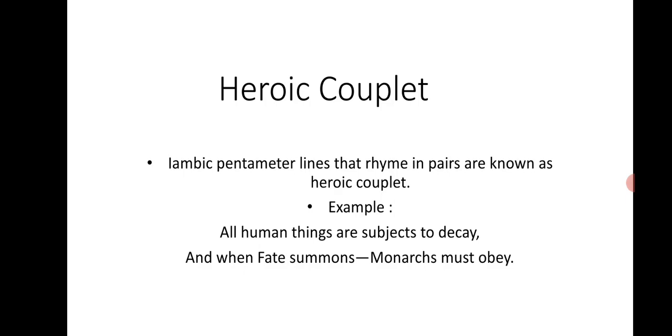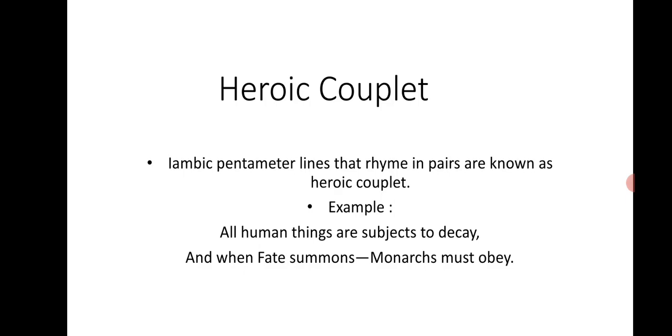And in each foot, the second syllable is stressed. So the two lines are written in iambic pentameter.